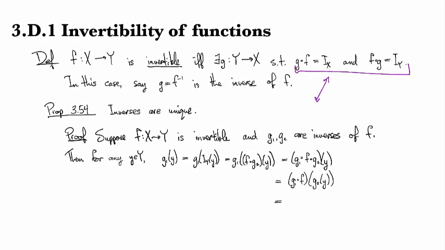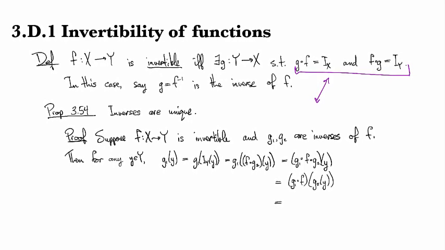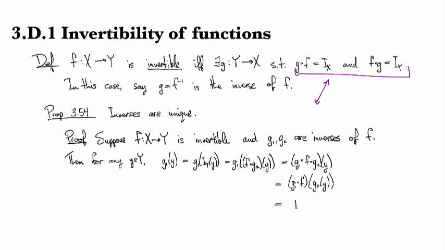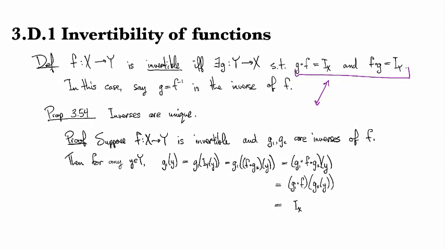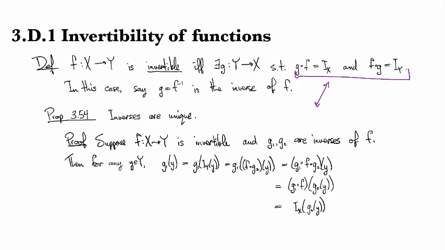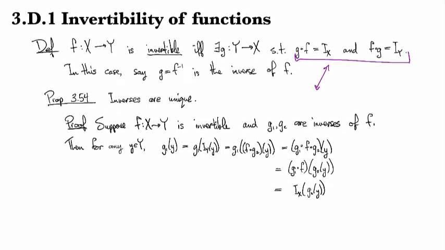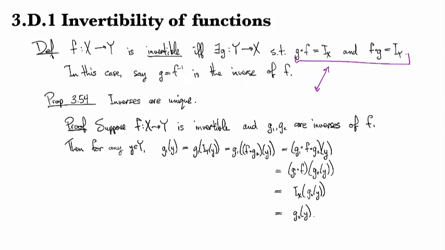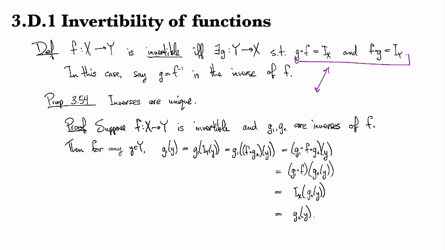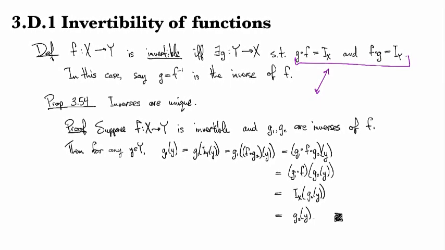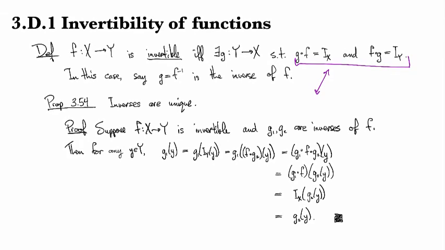Then if I look at g1 of f and evaluate that, since g1 of f is an identity, that gives me the identity on x applied to g2 of y. But when I apply the identity to something, nothing changes. So that's just g2 of y. Now reading from beginning to end, you can see that g1 is equal to g2 on any y. Okay.